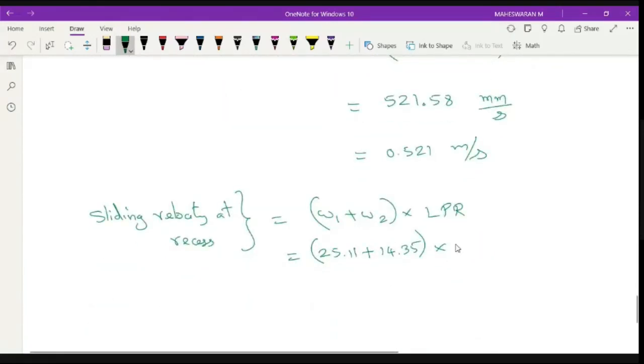So it is 912.986 mm per second. Very good. So we will be getting 0.912 meter per second. Right? So this completes the problem.